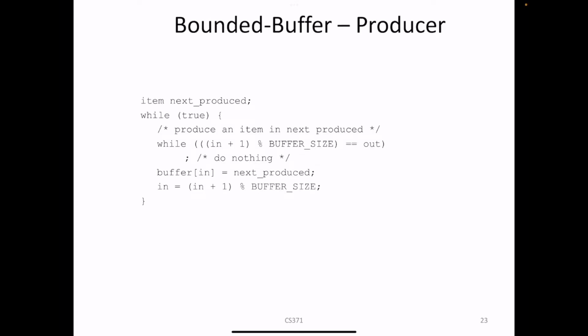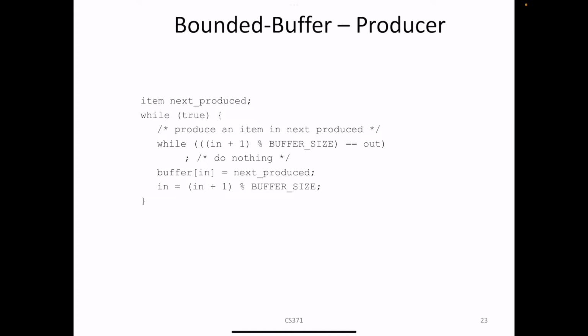Then let's see the producer program. Within the producer program, we have defined an atom variable to hold the newly generated atom called next produced. And then we have an infinite while loop. Within the infinite while loop, we have another while loop to check whether the atom array has an available slot to hold the new atom.